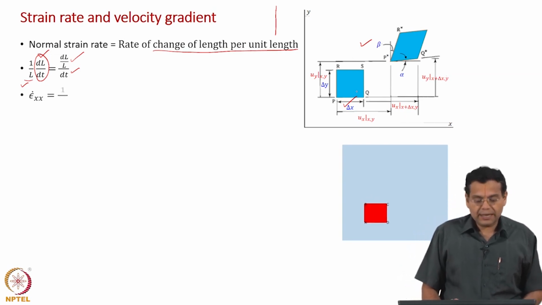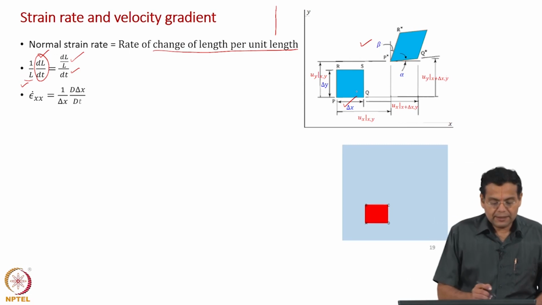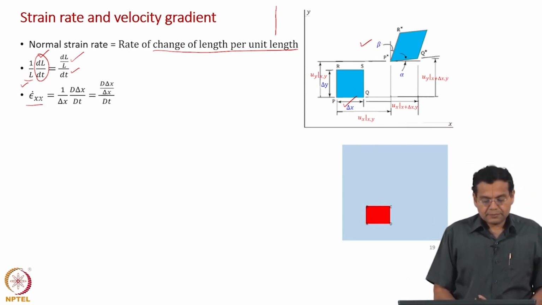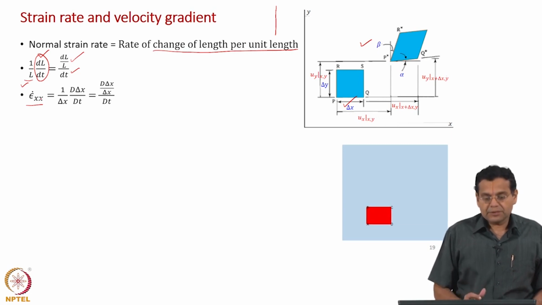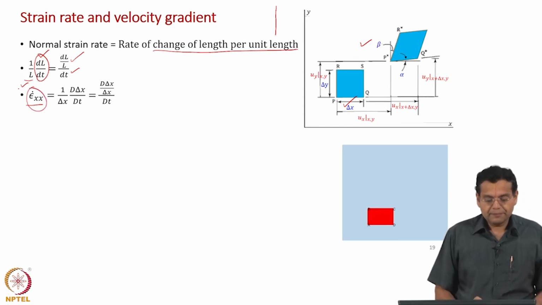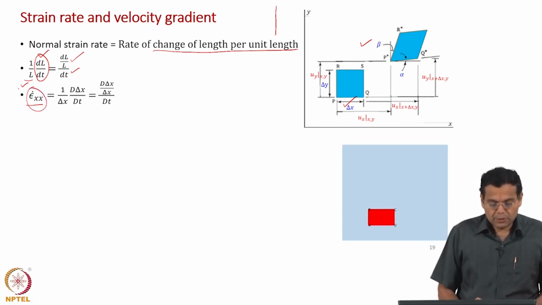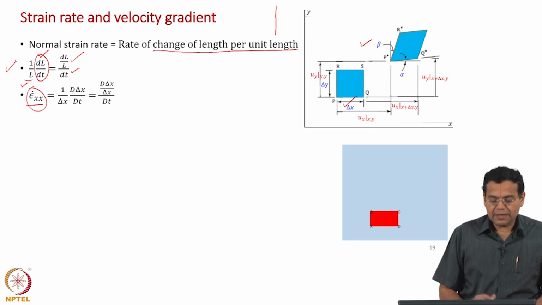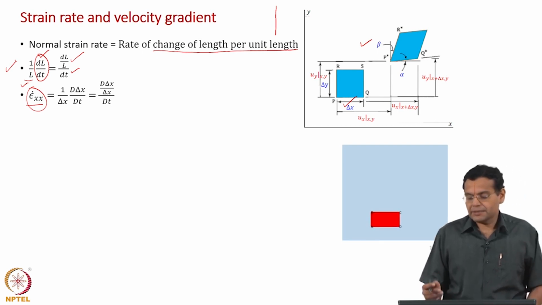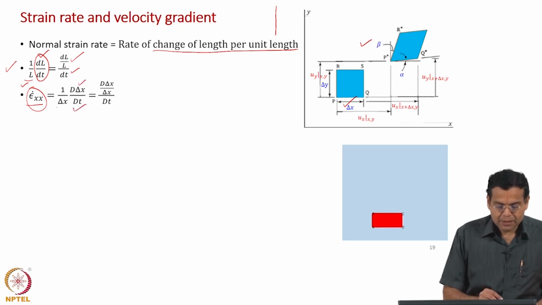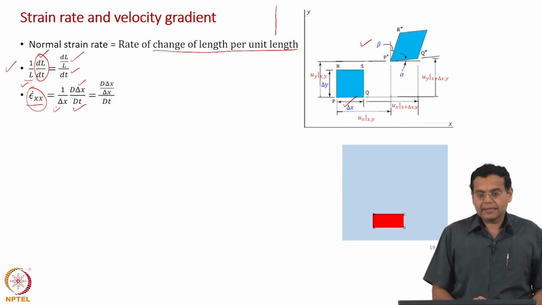So, epsilon dot xx. Why is it epsilon dot xx? Epsilon xx is the normal strain, and because we are discussing normal strain rate, it is epsilon dot xx. Now, instead of L, I have written this expression in terms of delta x, because delta x is equivalent to our L. So, d delta x by dt divided by delta x.